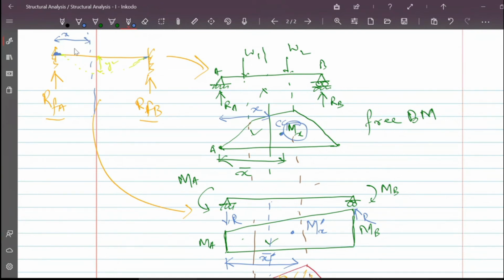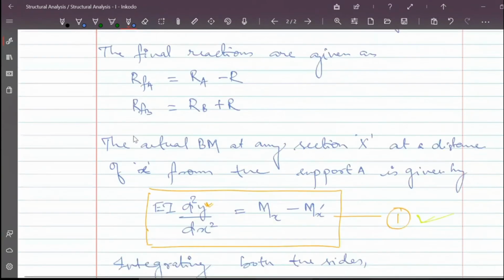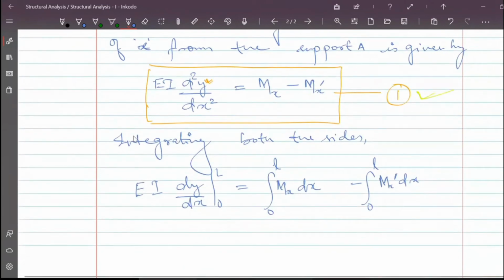So I can write, at x equals 0, we have dy by dx equals 0, right?